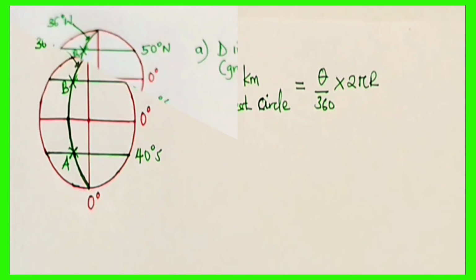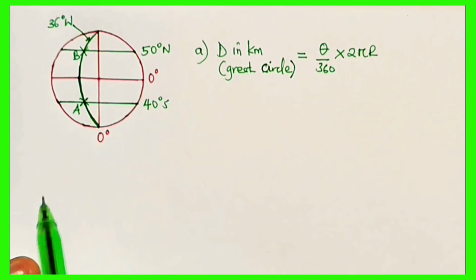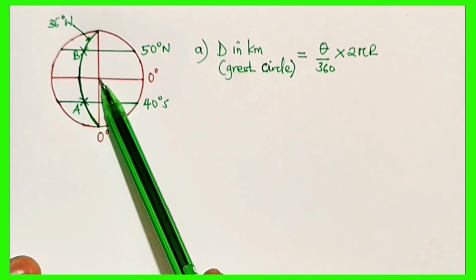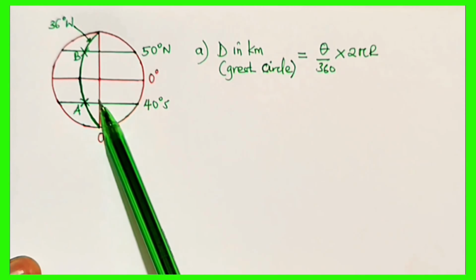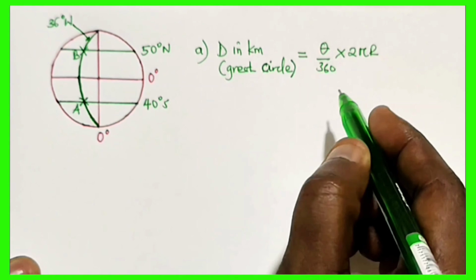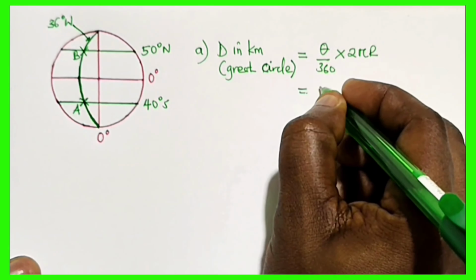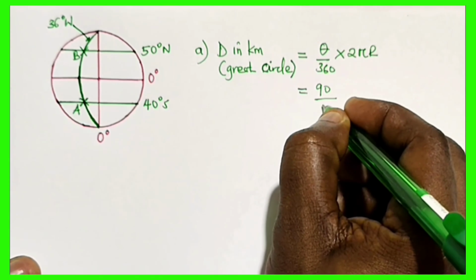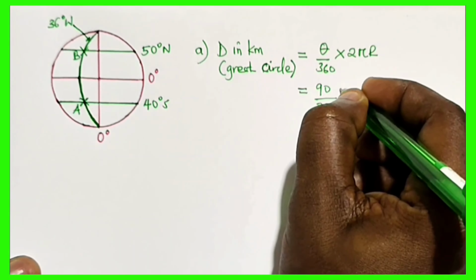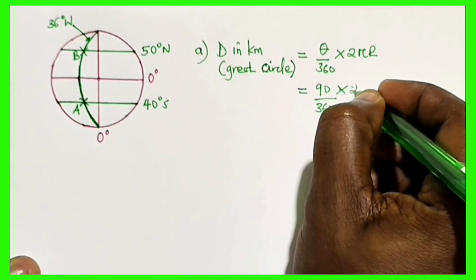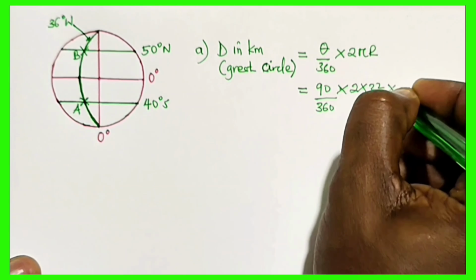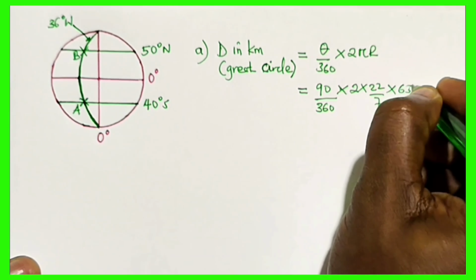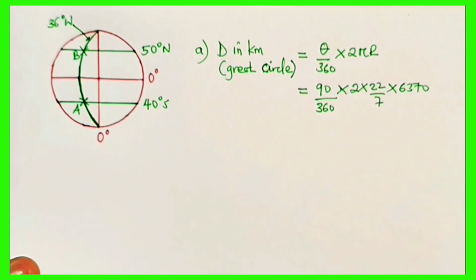And the value of theta will be equal to, we've got 50 degrees on the northern hemisphere and 40 degrees on the southern hemisphere. Adding them together, we are going to get 90. So the value of theta will be equal to 90. We are going to have 90 divided by 360 degrees to multiply 2 times 22/7 and then times 6370 kilometers.